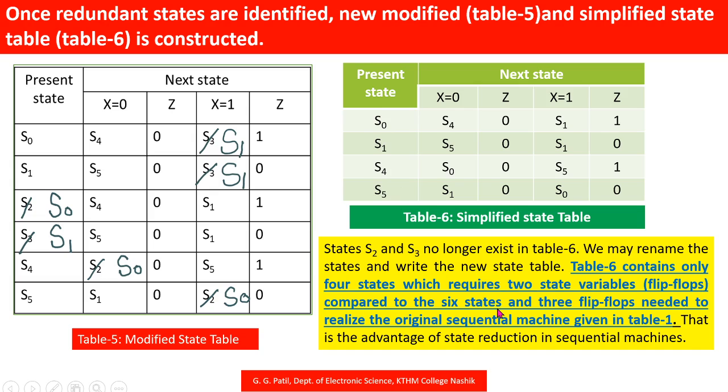Compared to that, 6 states require 3 state variables, that is, 3 flip-flops are needed to realize the original sequential machine given in table 1. That is the advantage of state reduction in a sequential machine.